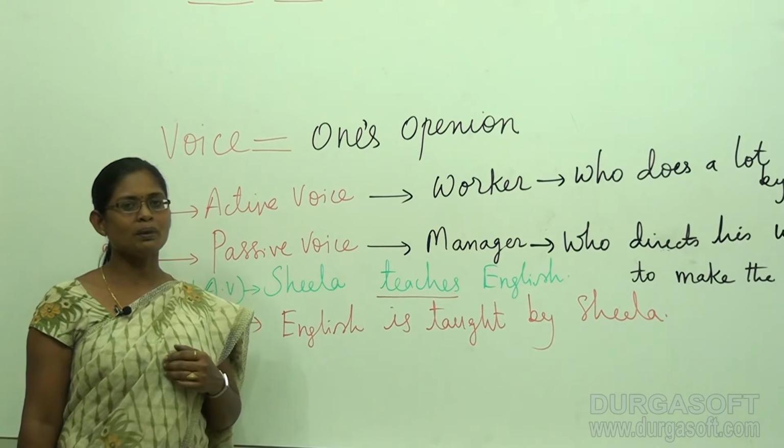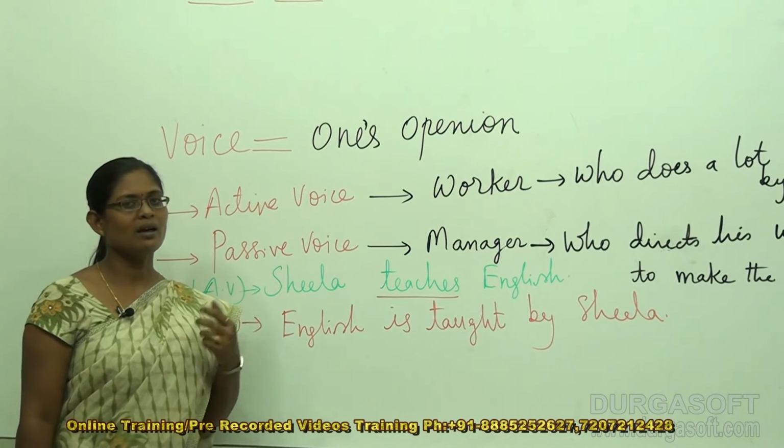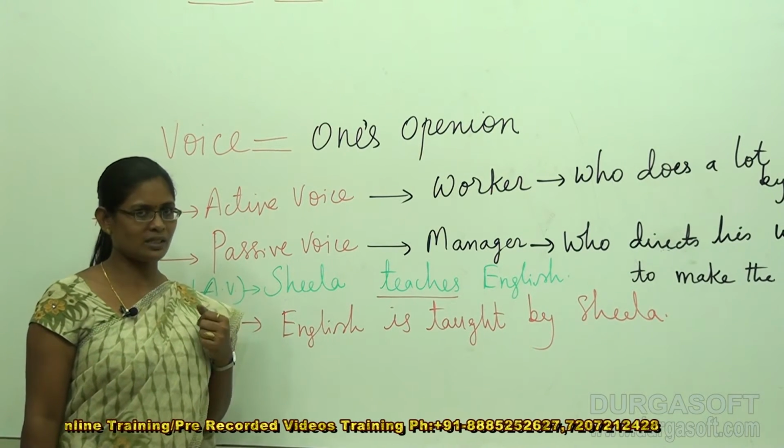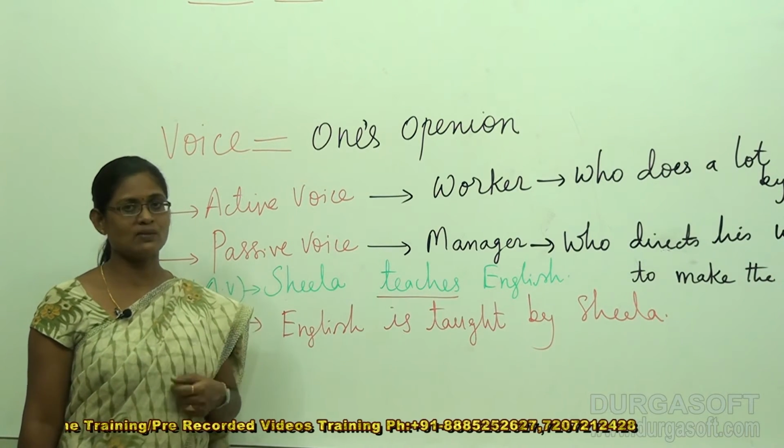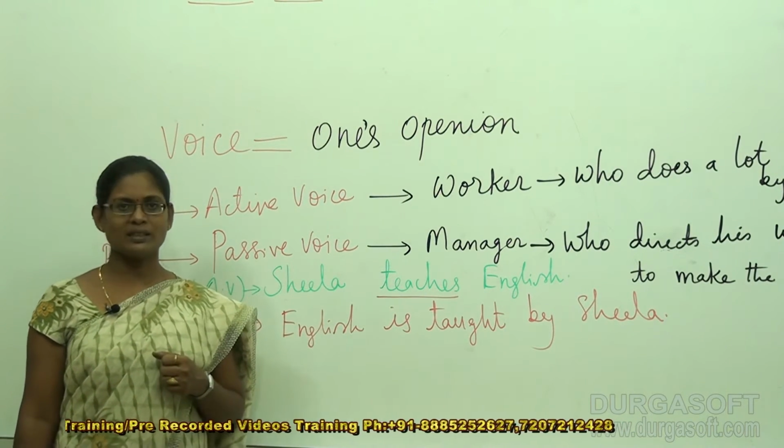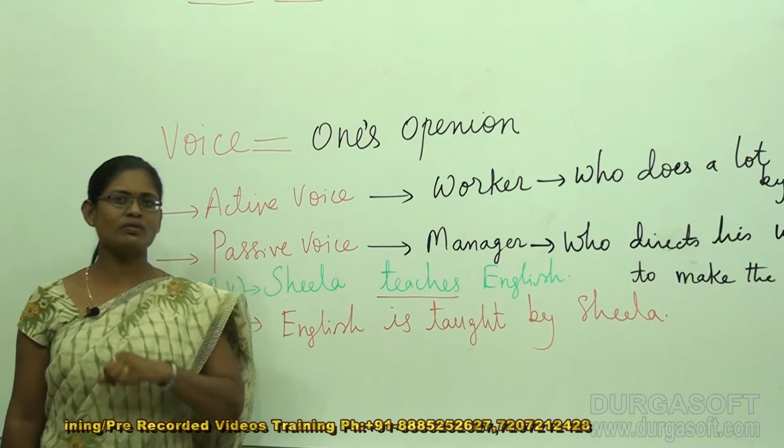After seeing the PPT, you can understand that there are several ways to create these passive sentences out of the active sentences. This is not the only form of active sentences we have.